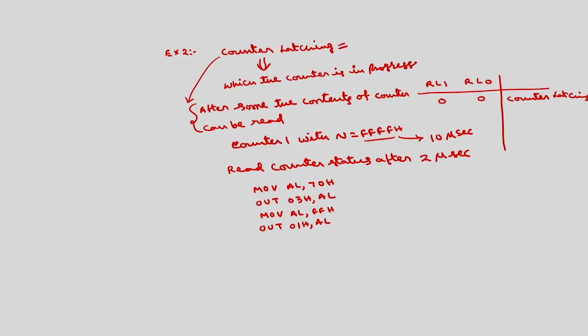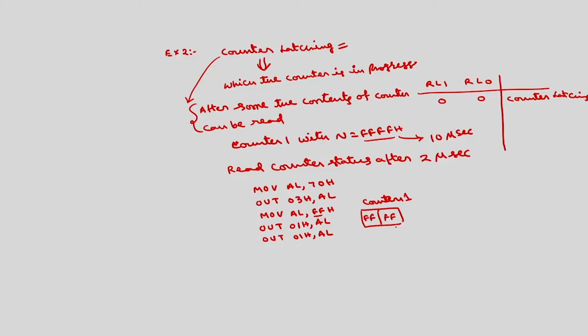Again you have to write, because FF remains the same, there is no need to load another value into AL. I will write another OUT 01H, AL, so that the same AL will be transferred to counter 1 twice. So counter 1 will be loaded with FFFFH.